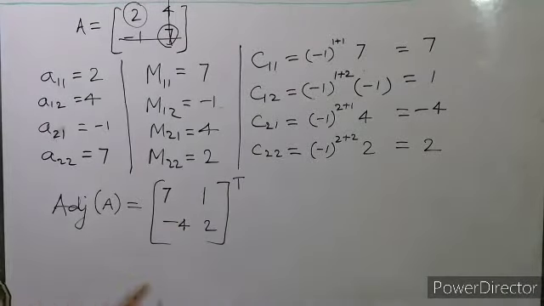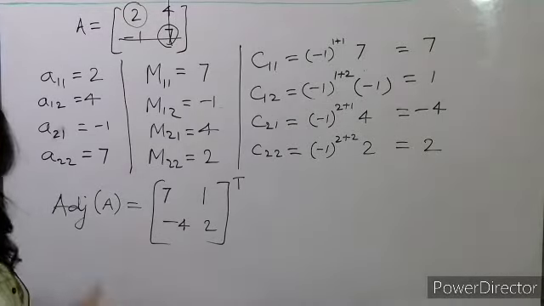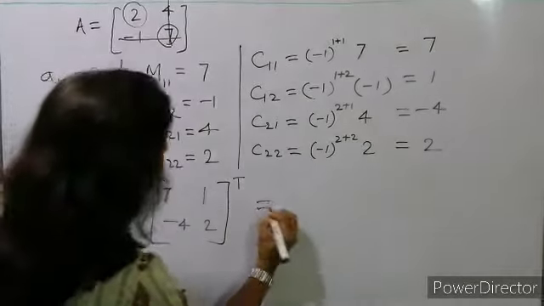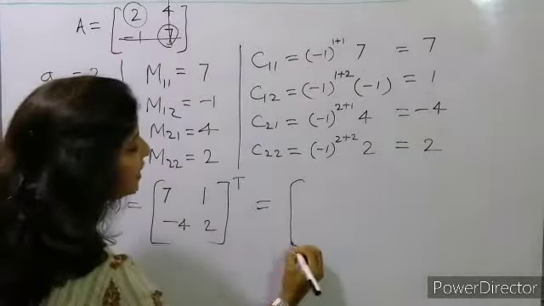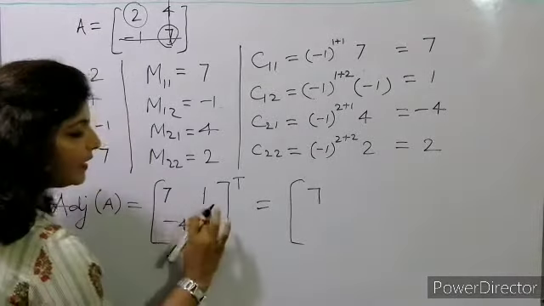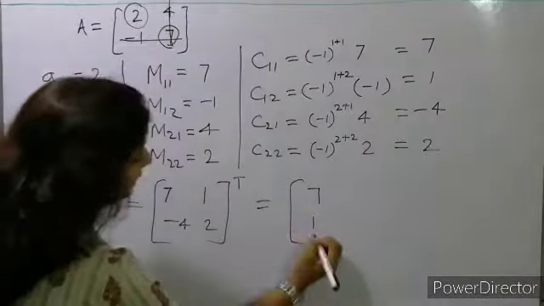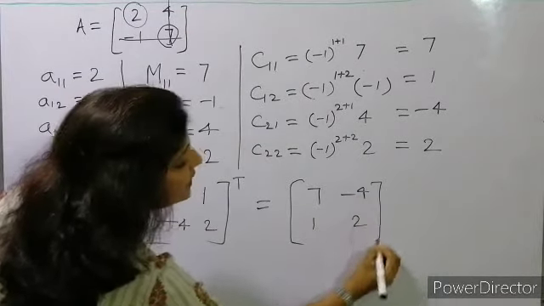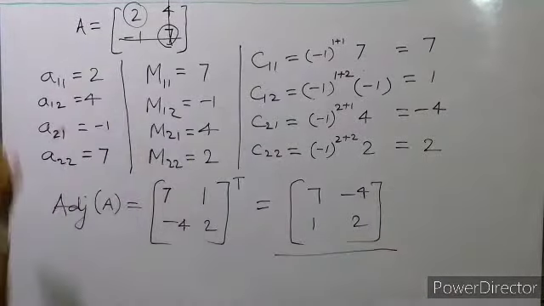The transpose of the cofactor matrix is the adjoint of matrix A. So the adjoint will be 7, 1. How do we write the transpose? We read out row wise and write column wise. So -4 and 2. This will be the adjoint of matrix A.